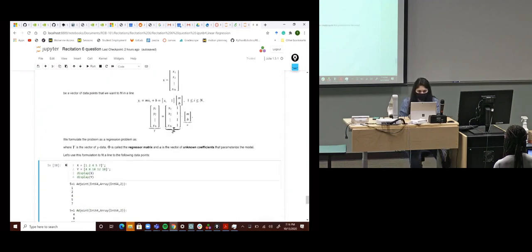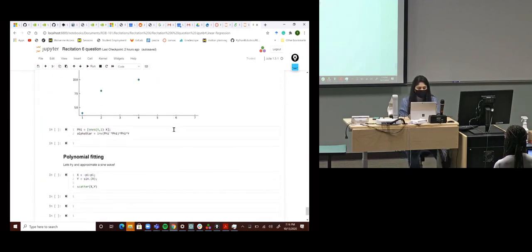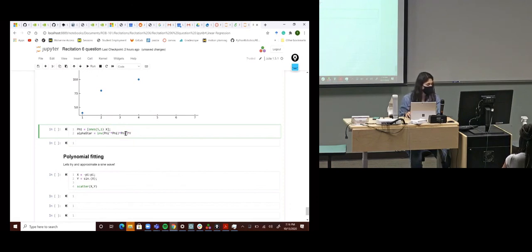So from here, I'm going to use that formulation, and I get my alpha star is the inverse of phi transpose times phi into phi transpose times y. I run it, and I will get a system of equations.